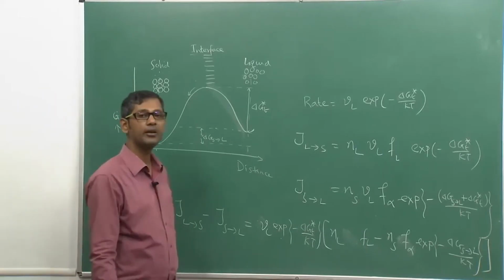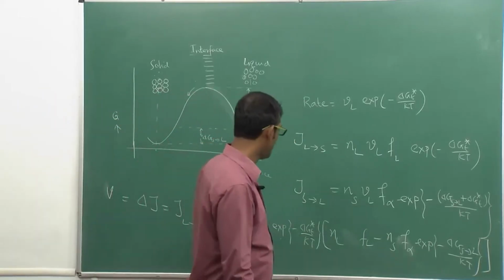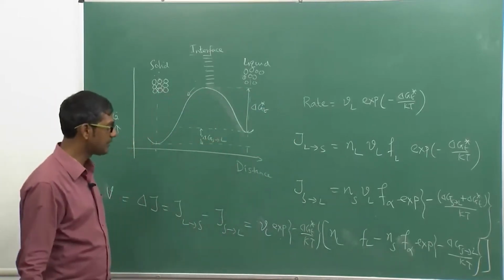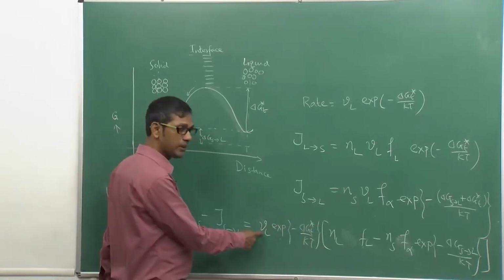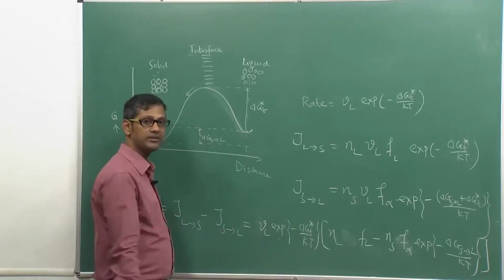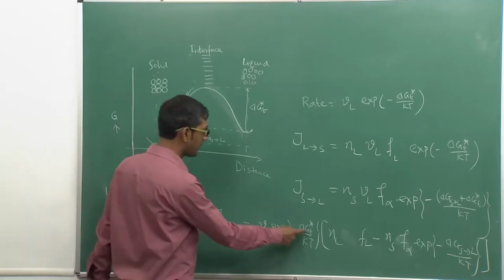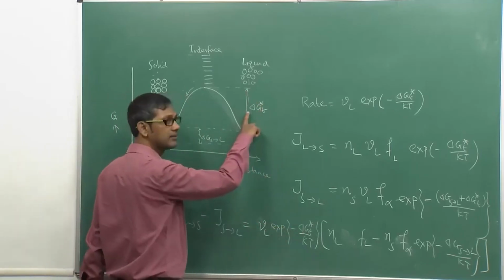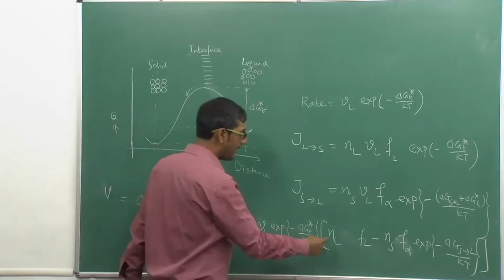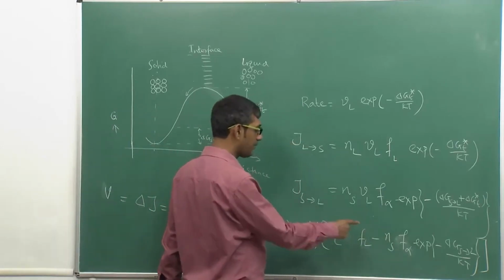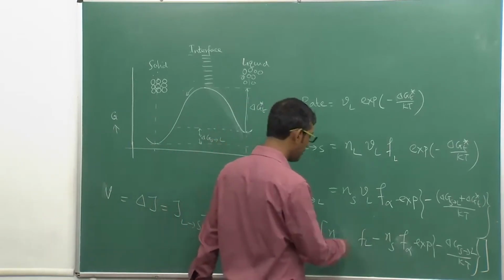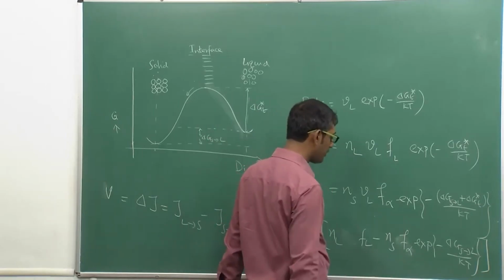For any kind of interface you can talk about it. So you can clearly see it basically has an exponential term that depends on the frequency of the vibrations, that depends on the barrier height for the jump, and then it depends on something else: the number of sites available, how many of the jumps are successful from the liquid to solid, similarly for the solid to liquid.